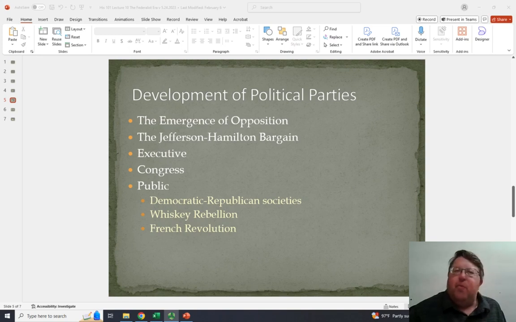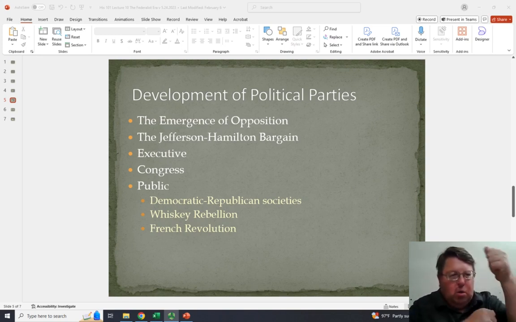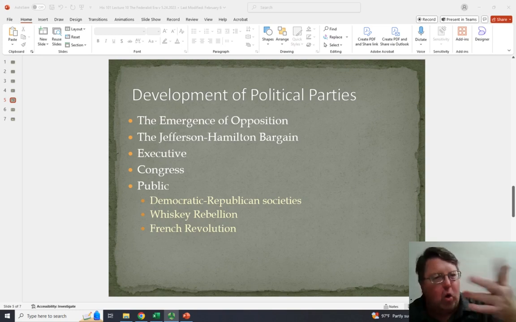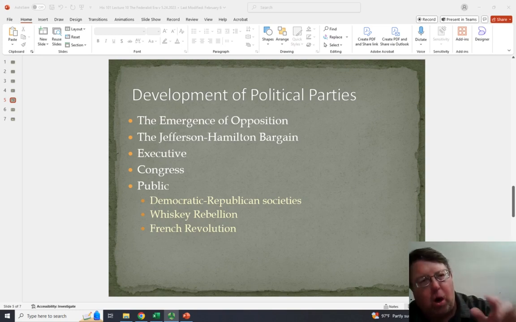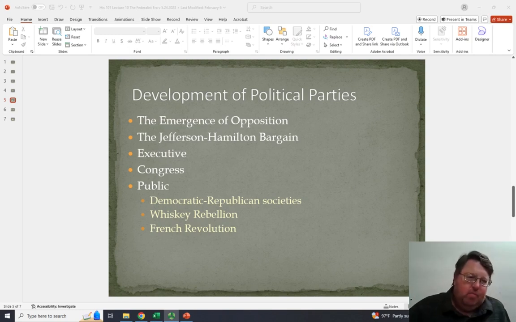Just like the Federalists, George Washington and the Federalist government have become just like the British, oppressive, tyrannical, taking away our rights, forcing us to pay taxes. So Western Pennsylvania farmers start saying, not only are we not going to pay taxes, we're going to get back into our Revolutionary War uniforms and march on Washington. New York at the time. New York. We're going to march on the government. All right.